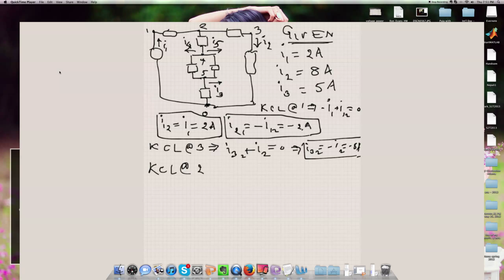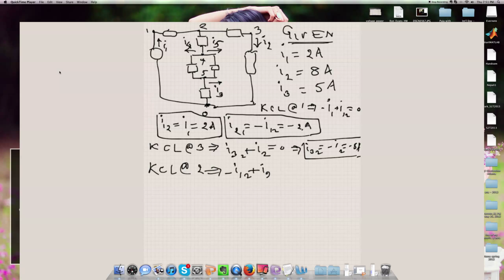And if current is coming from node number 1 to node number 2, that current is entering the node. So passive sign convention says it's a minus. So what we have here is minus I12, and then if current is leaving node 2 going towards 4, that's going to be plus, so plus I24.